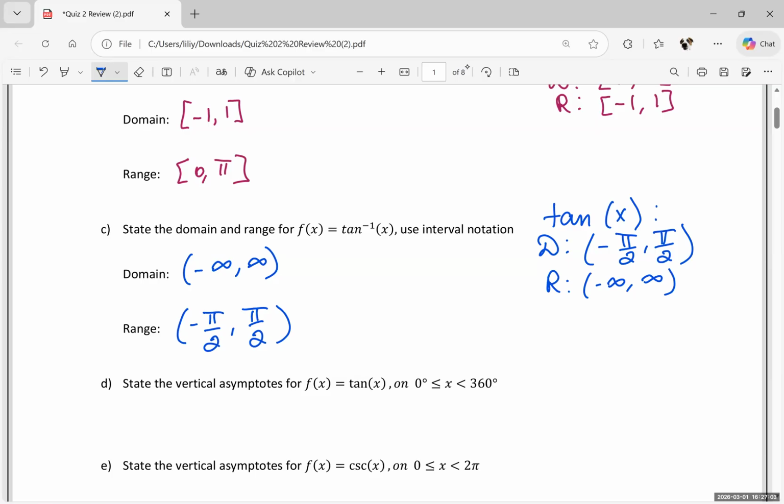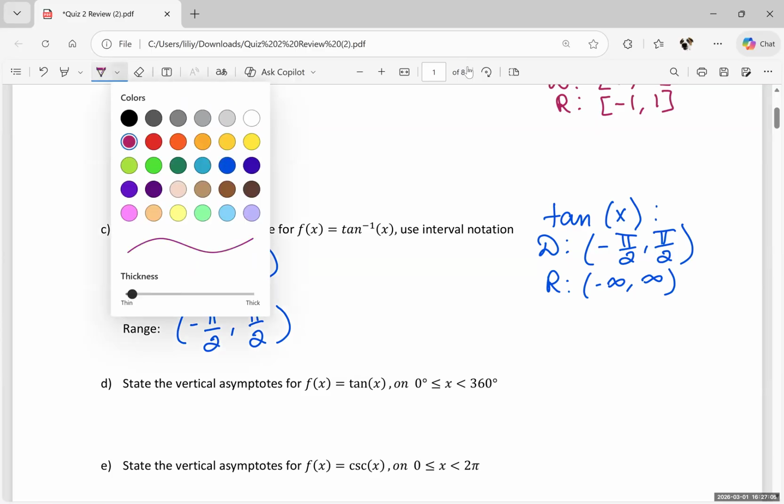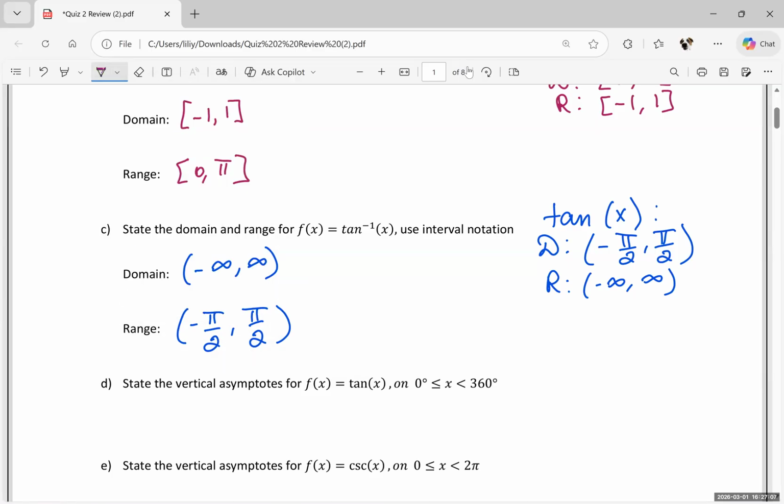Okay, on this one, you need to, again, recall a couple of trig facts and some algebra facts. So we need to recall that the original tangent function is the same as sine of x over cosine of x. You need to recall from algebra that the vertical asymptotes happen when cosine of x, the denominator, is 0.